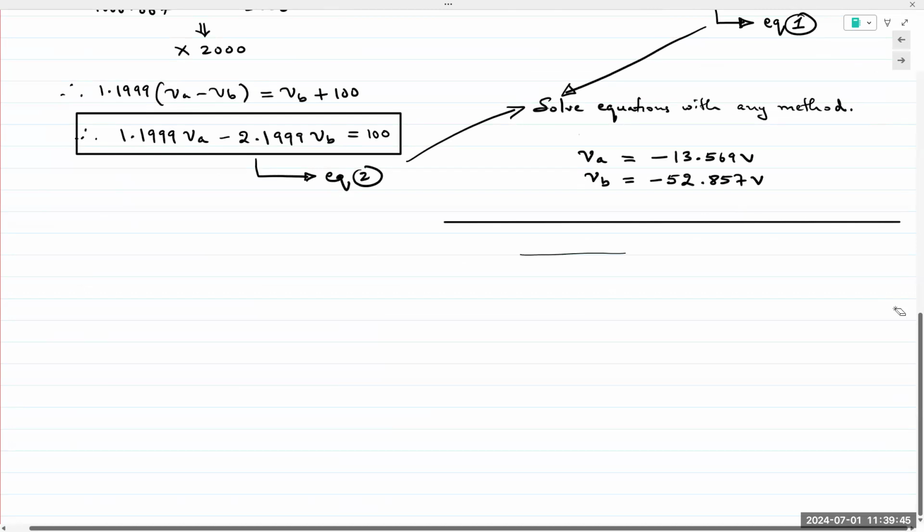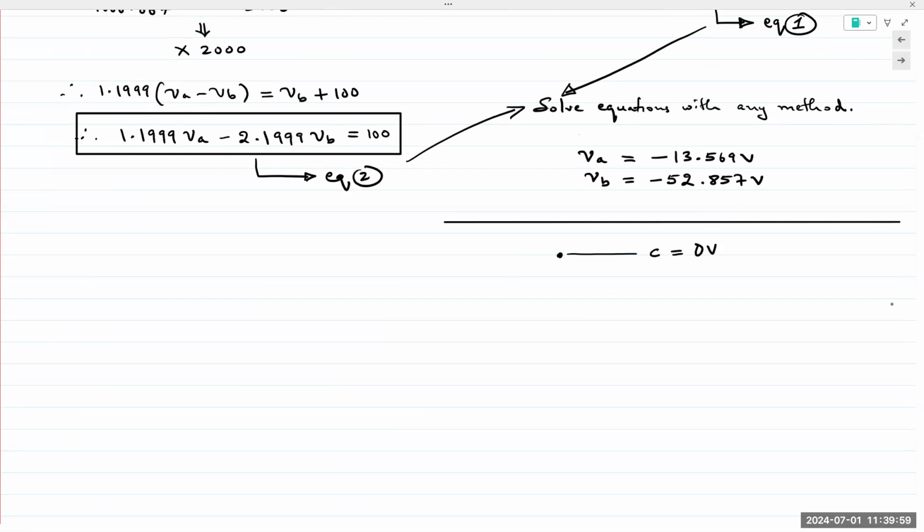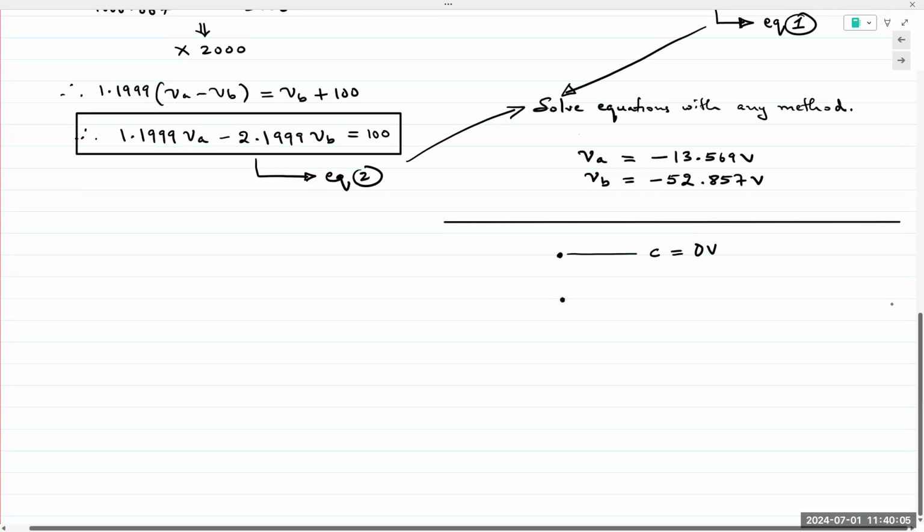So C is somewhere here. Okay, this is node C. That's 0 volts. A is minus 13 with reference to C, means it is below C. It's below sea level. And so A is here. Of course, this is not to scale.